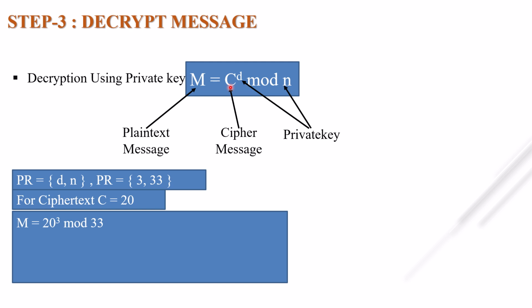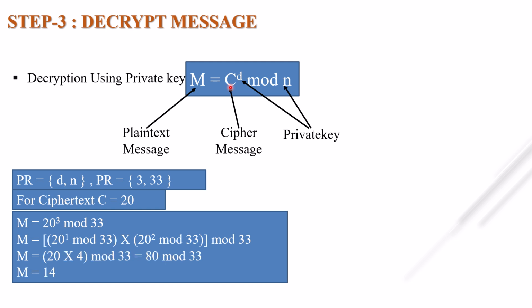If you calculate 20 raised to 3 mod 33, the answer is 14. Is that clear? This 20 raised to 3 mod 33 can be directly calculated by the calculator also. You can calculate directly, you will get the answer 14.